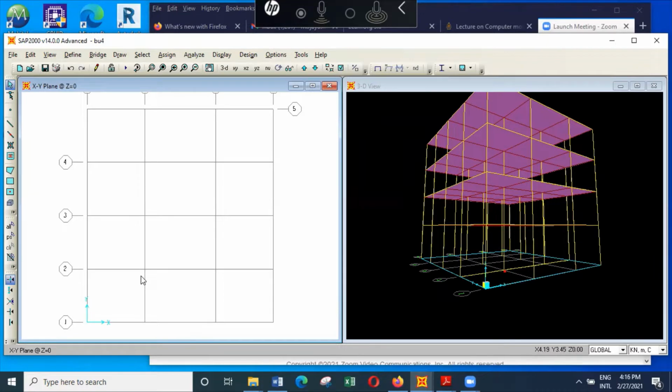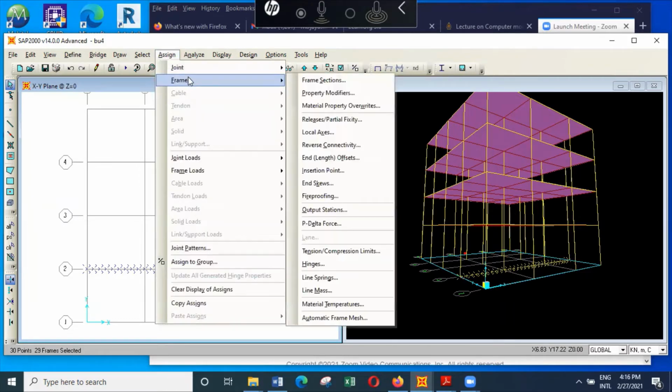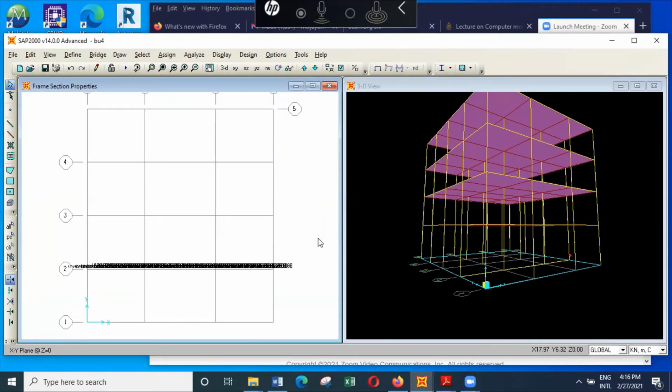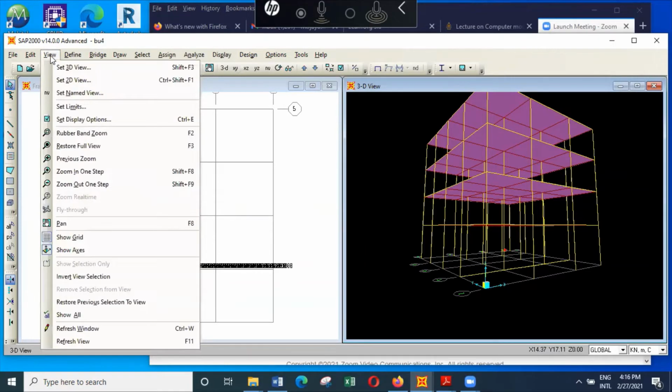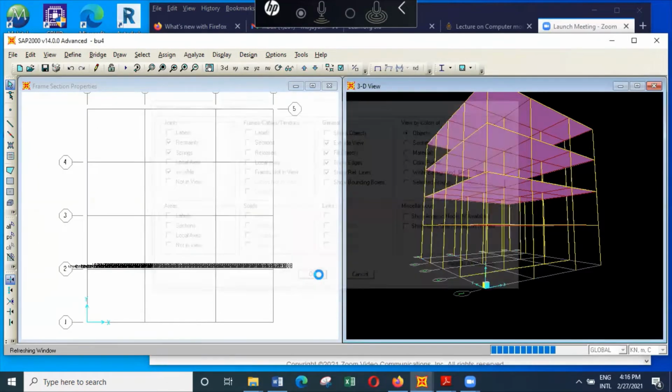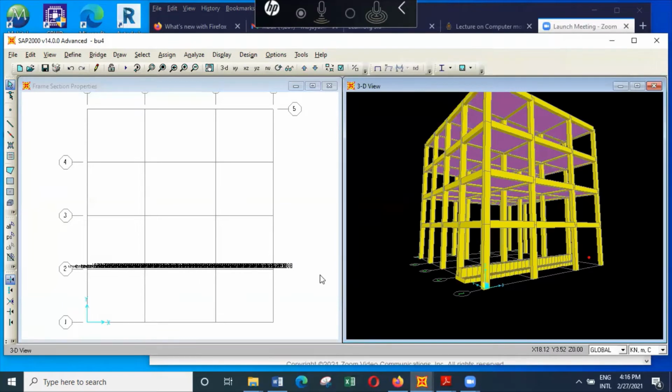So I can select all these and assign the frame section, inverted T, this one, and here I can ask it to extrude it so that I will be able to see the shape, and you can see the shape of it.